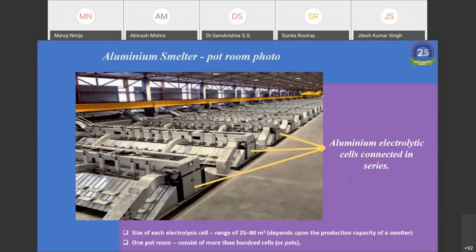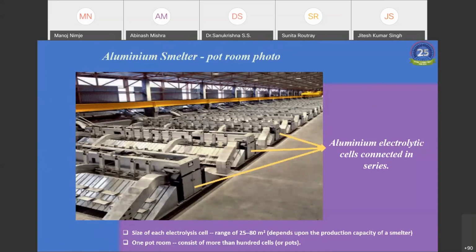But before going to the SPL generation, first we will see how aluminum is produced on commercial scale in brief. The photograph shown here is the real camera captured image of a typical aluminum smelter potroom, where aluminum is produced by electrolysis at 960 degrees centigrade.